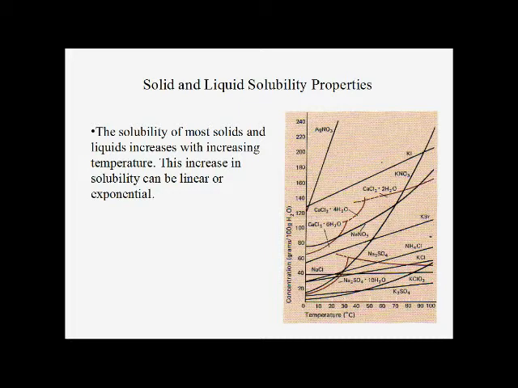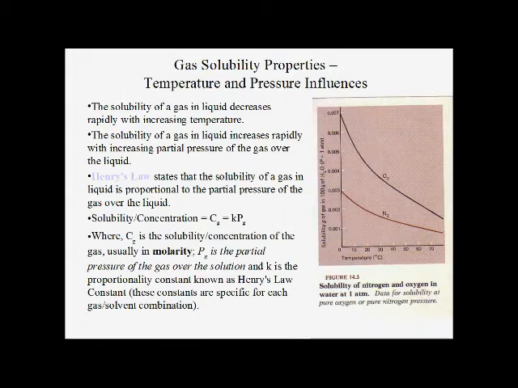So, I've said this before, the solubility of most solids or liquids increases as we increase temperature. And the curves can be drastically different, linear with low slopes, high slopes, or it can be exponential.